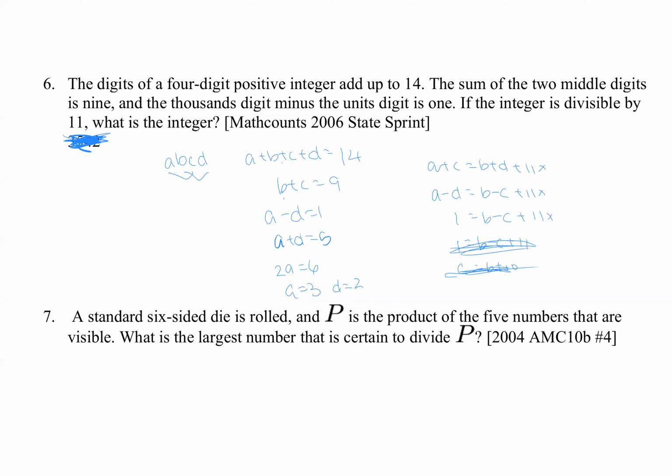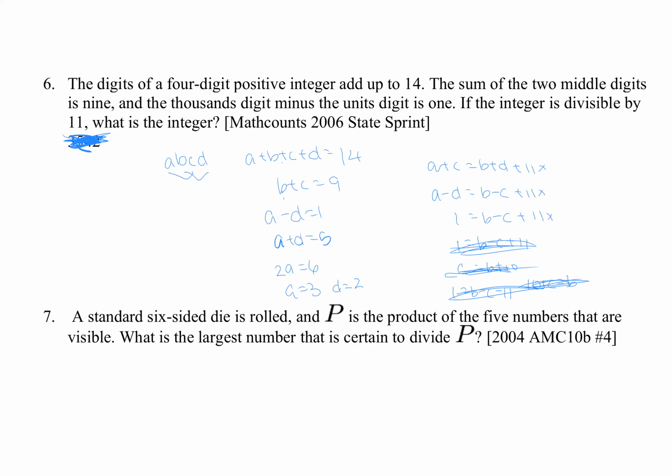If x was negative 1, we would get 1 equals B minus C minus 11. And then doing this, we would get that B equals 10 plus C, which again doesn't work because the digits range from 1 to 9. So then we know that x will have to equal 0.